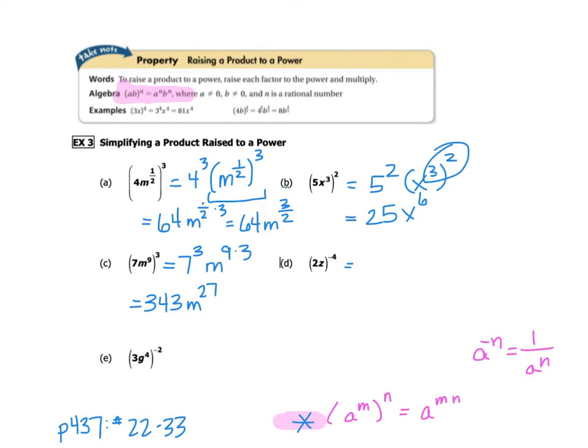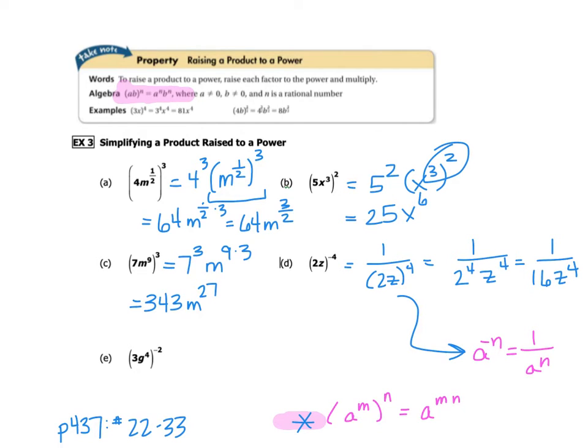Let's take this and we're going to do 1 over 2z to the positive 4 power. Notice I've just used this rule right here. And now I'm going to do the same thing I've been doing, but everything's in the denominator. So 1 over 2 to the 4th, z to the 4th. And 2 to the 4th is 16, so 1 over 16z to the 4th.